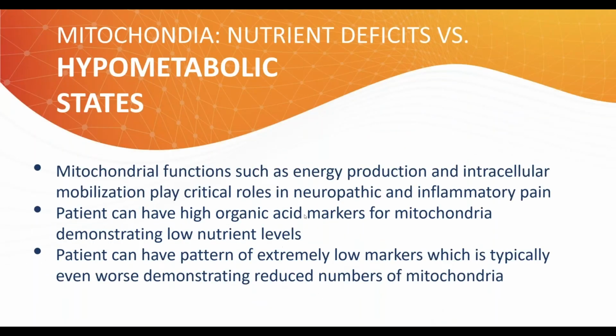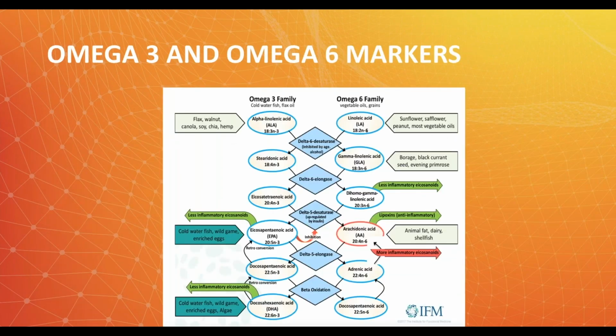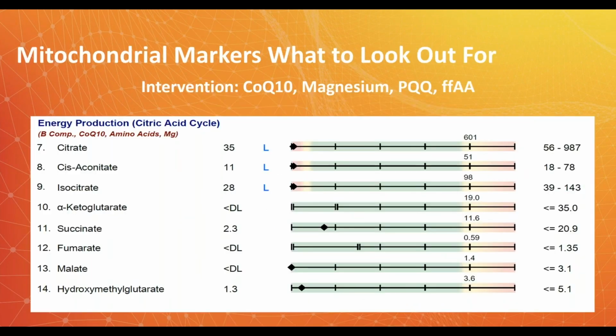I don't want to mislead you guys. This is a hypometabolic state. These are the mitochondrial markers and they're all low. That means there's not enough mitochondria around. If you have that and the oxidative stress levels are low, then you're going to go on a repair the mitochondria program. And you're going to build up those mitochondria with supplements, diet, and exercise.